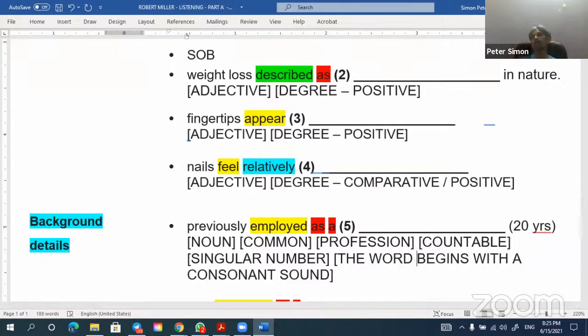The word begins with a consonant sound. So you have to analyze these points very carefully. Afterwards, it is very easy for you to understand. Consonant sound. That means a professor, a doctor, a engineer? No. A executive? No. So the next word will start with a vowel? No. Consonant sound.